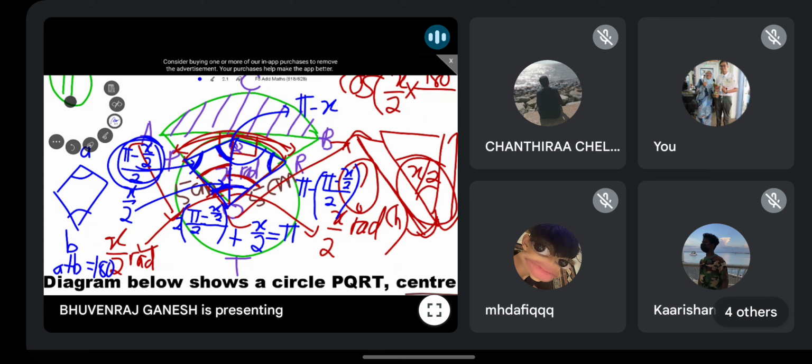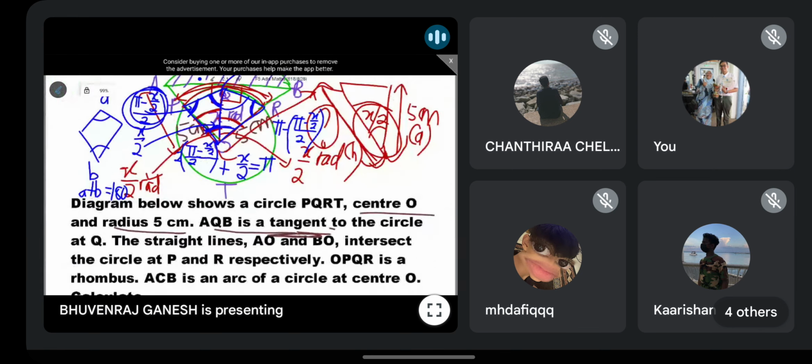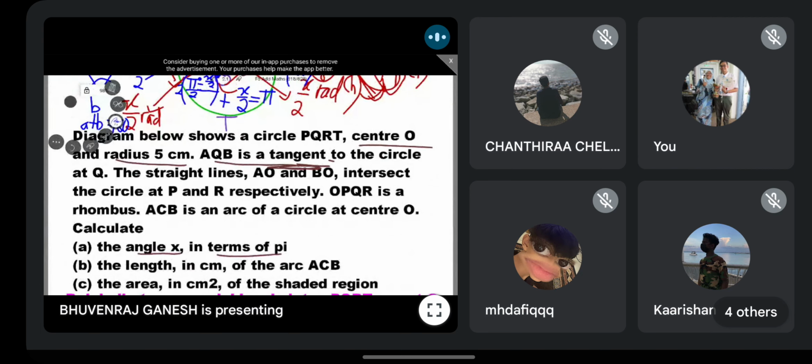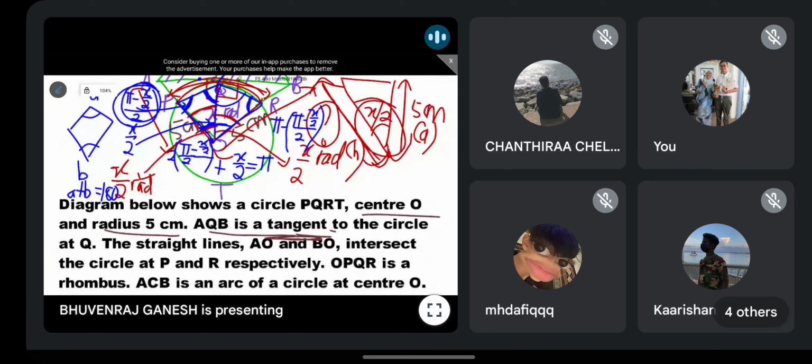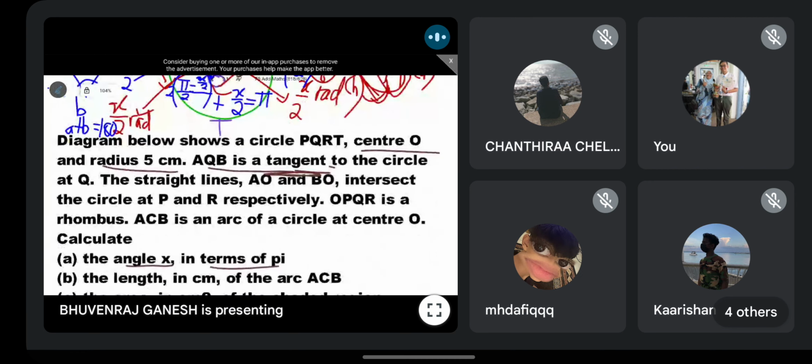Kalau tak silap saya, kita boleh dapat nilai dia. Saya cuba tengok boleh dapat tak. Okay, kita ada sudut dah. Sebab soalan ni nampak macam tak cukup info bagi saya. Saya cuba boleh dapat tak.